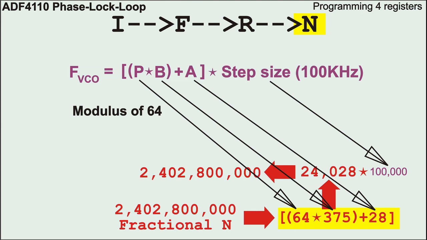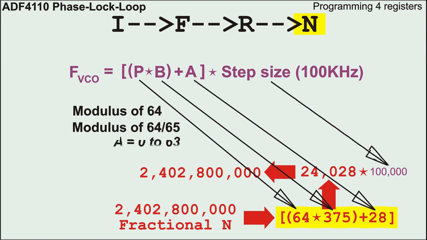The 64 or P comes from the use of modulus 64. The 375 or B comes from an arbitrary number, and the 28 or A comes from selecting a specific number between 0 and 63. The P or modulus of 64 is sometimes called 64/65.